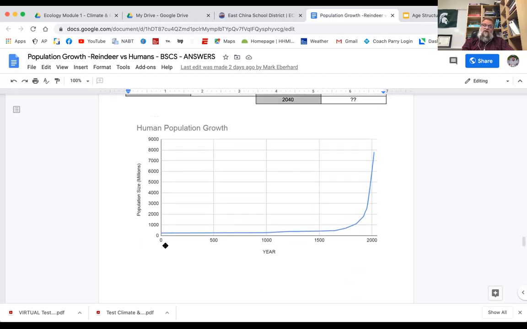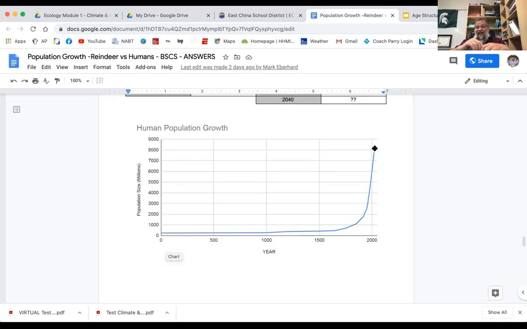So we can see from this graph, what can you tell me about human population? Well, for most of our history, our population growth has been very slow and very steady. Not till about the 1800s, then all of a sudden it cranks up and we go into exponential growth. And we have currently been in exponential growth for about the last century and a half.